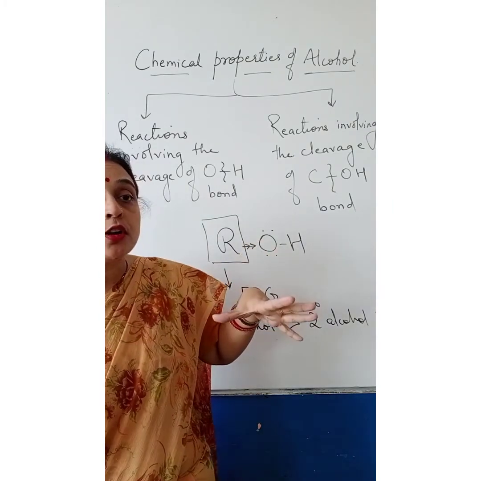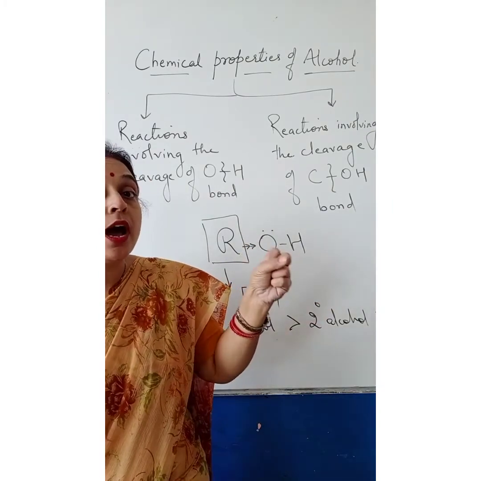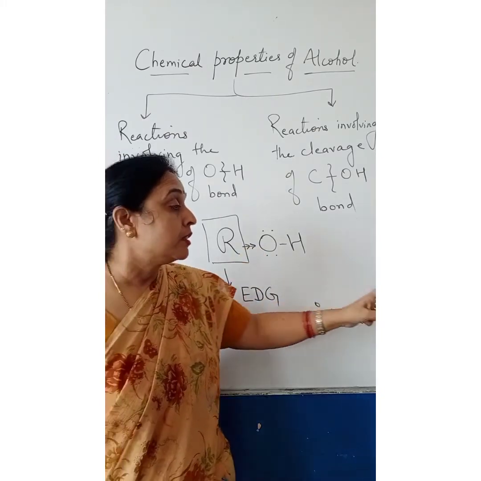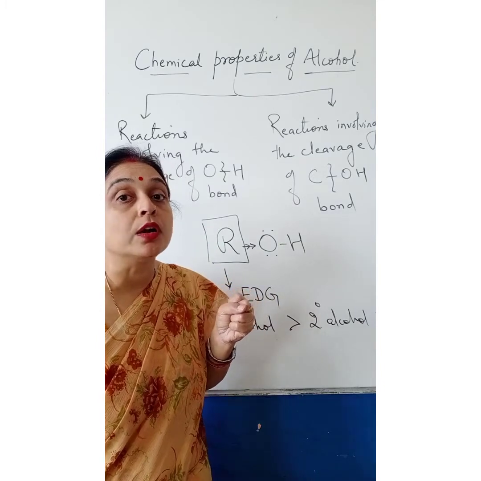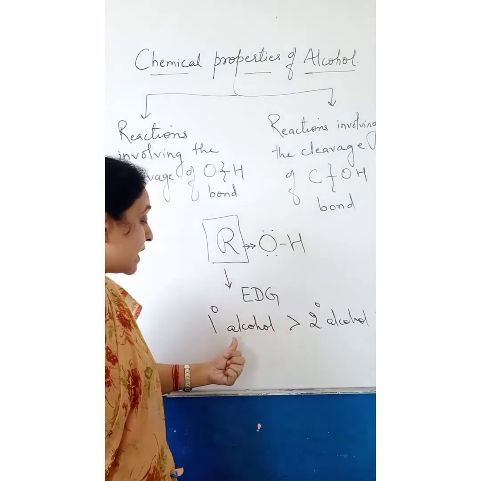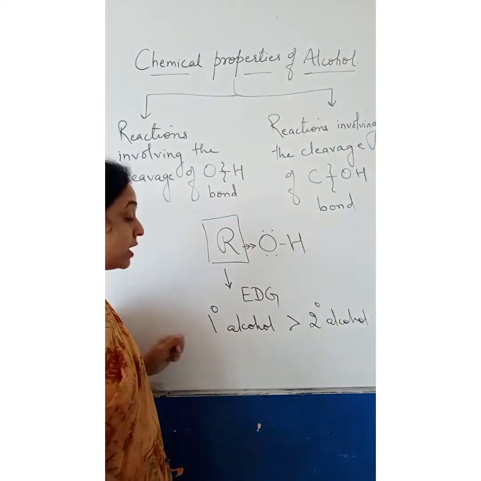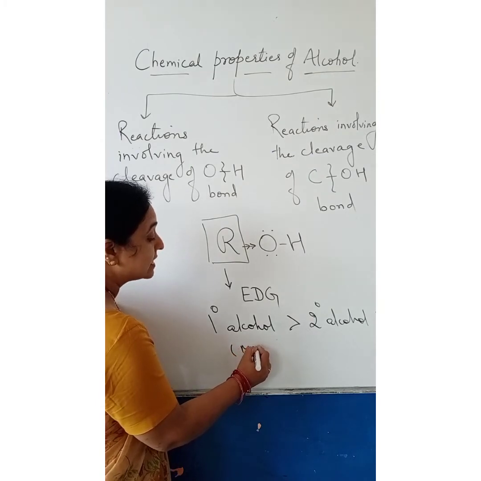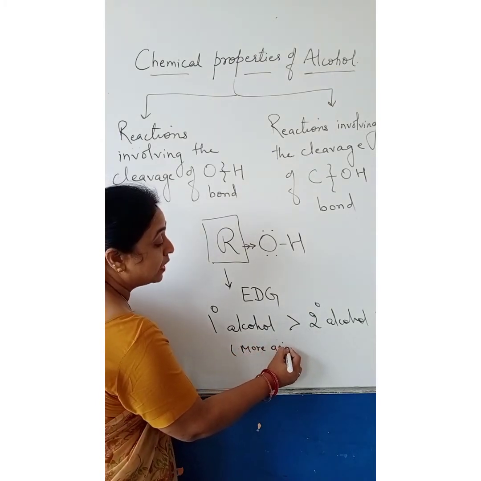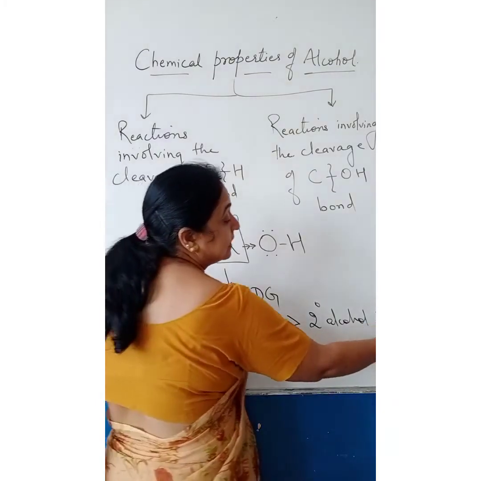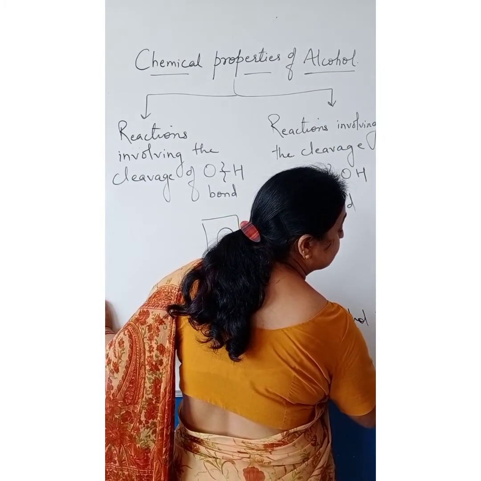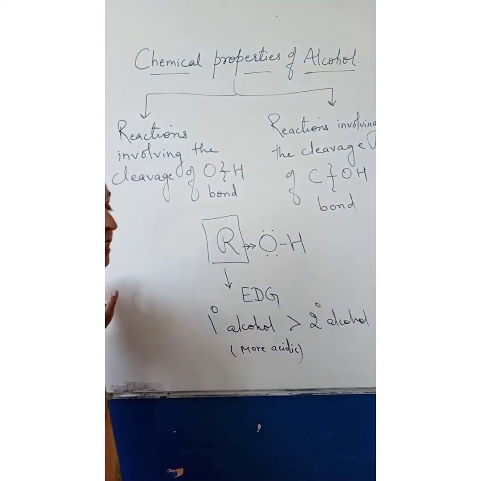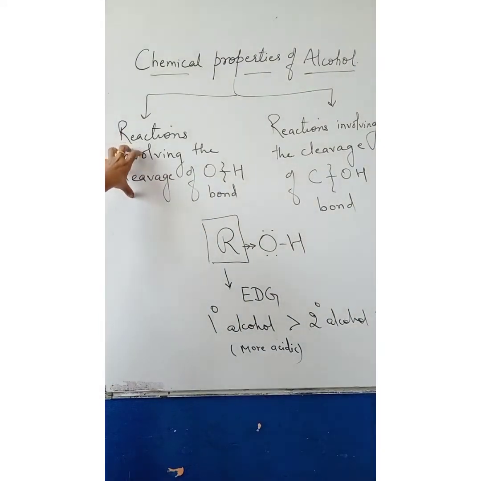So more electron density, so it will hold the hydrogen more tightly. 3 degree alcohol will hold the hydrogen very tightly, not allowing it to go. So we can say 1 degree alcohol is more acidic as compared to 2 degree, and 3 degree alcohol is least acidic.